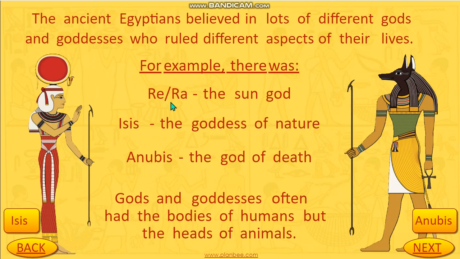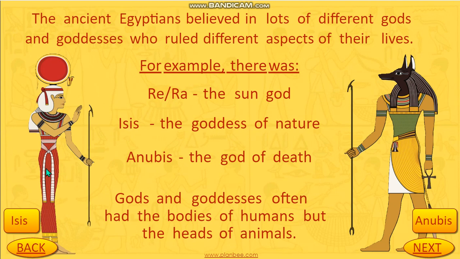Alright, so ancient Egyptians, as we already know, believed in lots of different gods and goddesses who ruled different aspects of their lives. If you can remember, last week we learned about 7 gods and a goddess. So here again we have Ra or Re, the sun god.